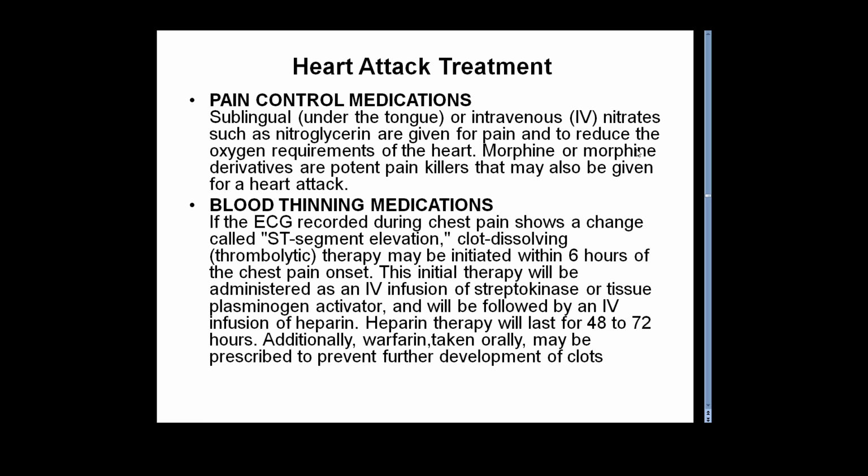Heparin therapy will last for 48 to 72 hours. Additionally, oral anticoagulants such as warfarin or rivaroxaban or dabigatran or apixaban may be prescribed to prevent further development of clots.